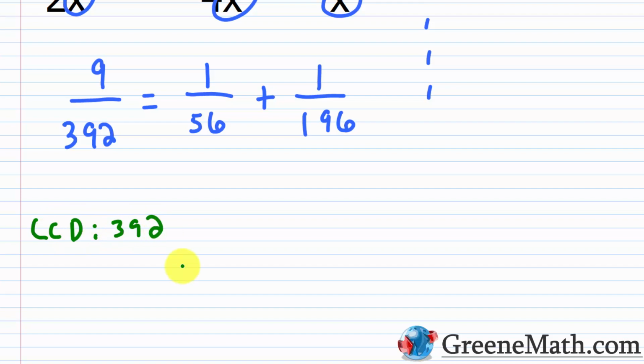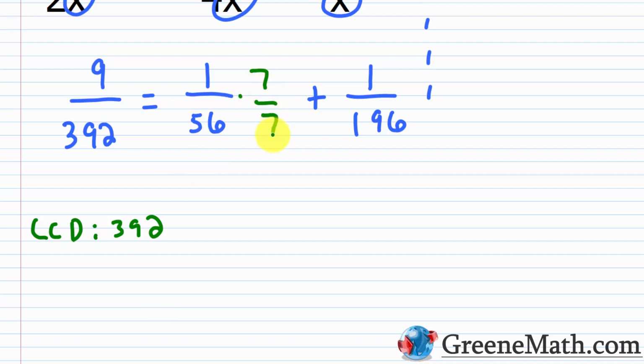Okay, so what do I need to multiply 1 over 56 by in order to get a denominator of 392? Well, 392 divided by 56 is 7. So I'd multiply this by 7 over 7, and I would end up with 7 over 392. So let's erase that and just put 7 over 392.